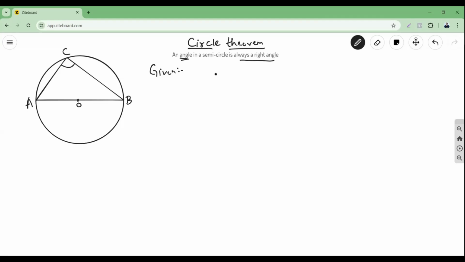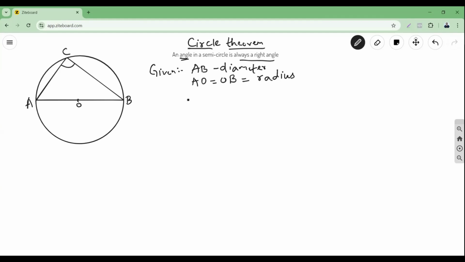So the first step is we write what is given to us. AB is the diameter, correct? AB is the diameter because that's a circle. And what else do we know? AO or BO, whatever, right? AO is equal to BO, it's a radius, because all the radii inside the circle are equal, correct? So these are the properties of a circle we know.